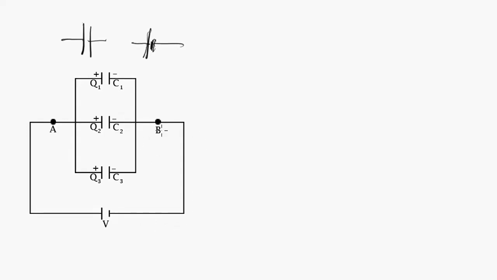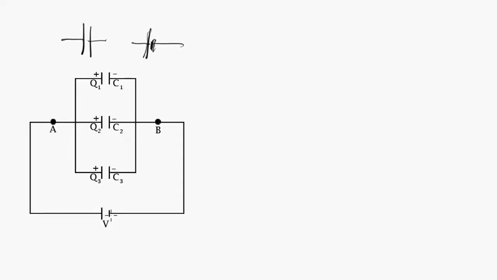Now you realize that the potential difference across C1, C2, and C3 are all the same. Both C1, C2, and C3 have the same potential difference across them.